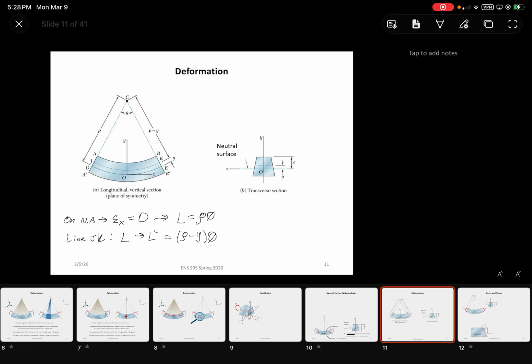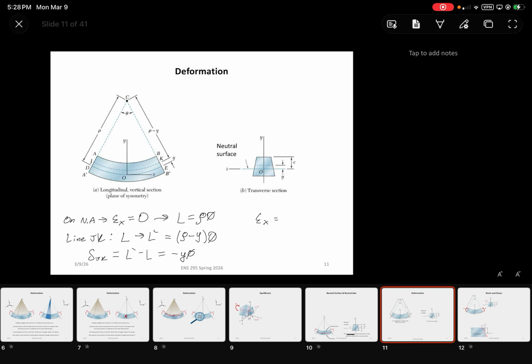Now we can calculate what the change in length is going to be. So that delta for JK is basically just going to equal L prime minus L, which when you do the math, you'll find is just equal to negative y times theta. Now we can calculate the strain, knowing that strain is deformation over the initial length.